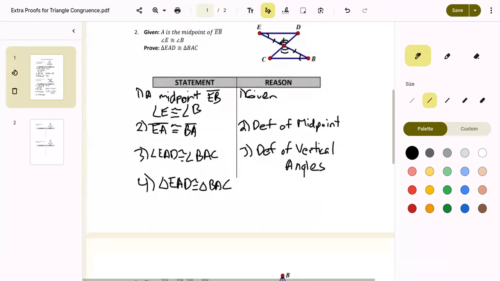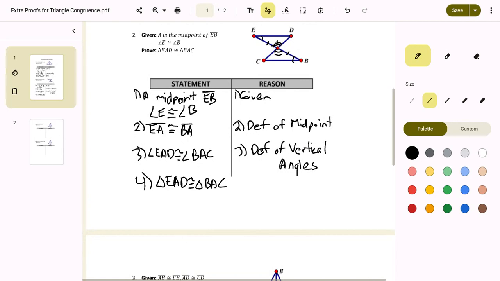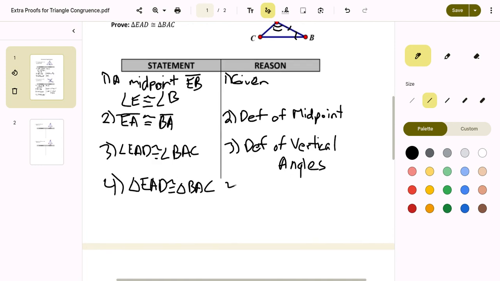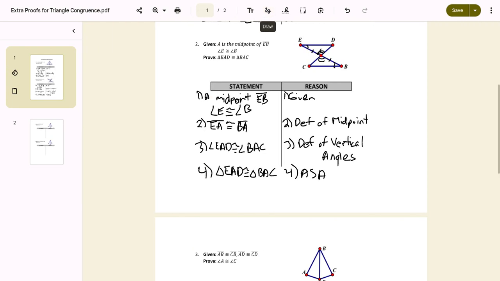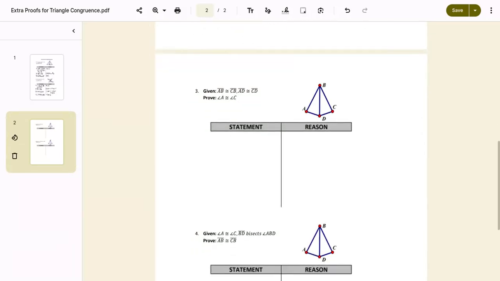And this one, if we look up there for our pattern, we have the angle at B and E, we have the side there, and we have the vertical angles at A. So our pattern for this one is angle, side, angle. So very similar to the ones that we've already done, just throwing that other vocab word of midpoint in there back from Unit 1. All right, so once again, if you need to pause there to kind of get caught up, feel free to pause there and get caught up. I am going to move on to 3 and 4.